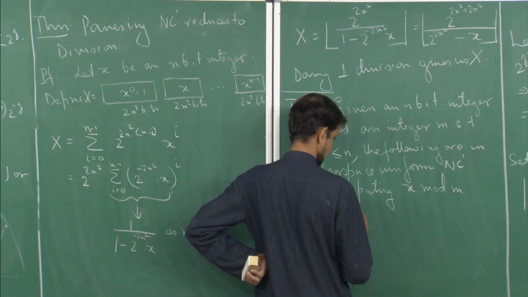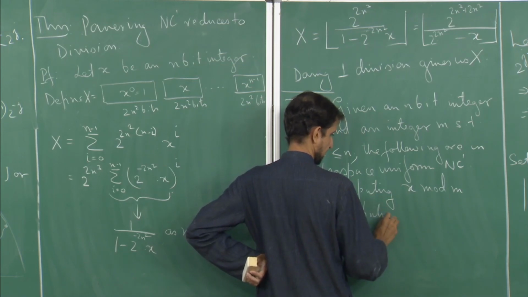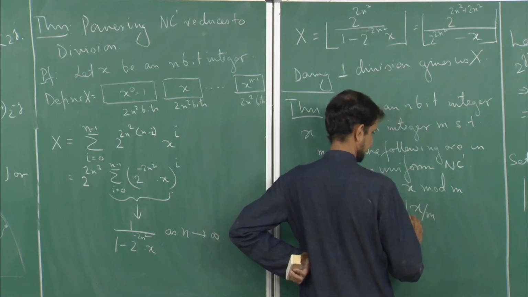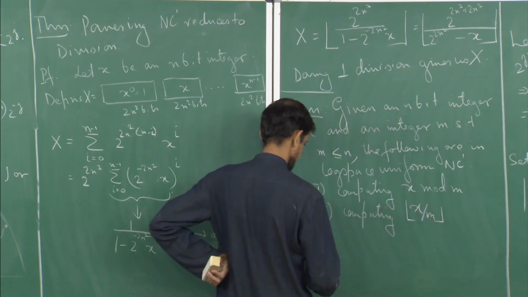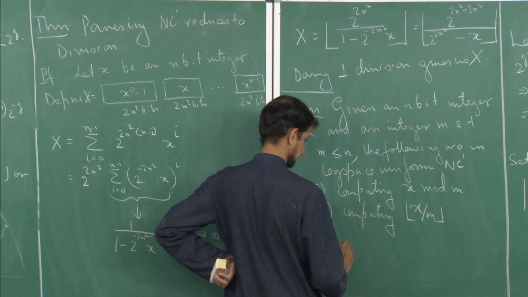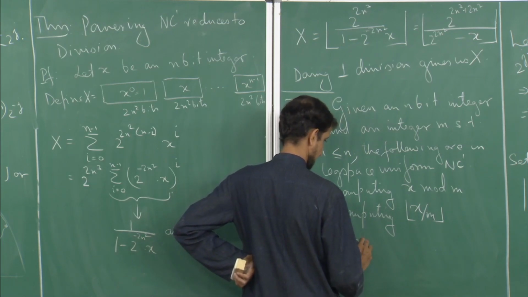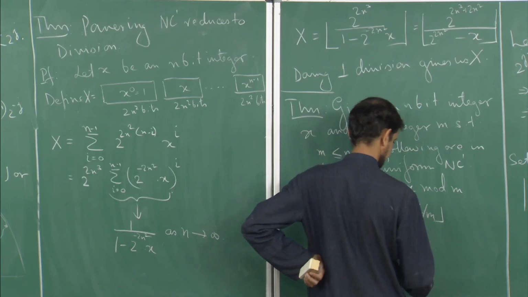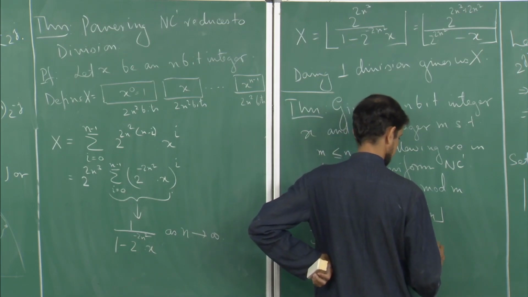Second is computing x divided by m, and the third is computing x inverse mod m.